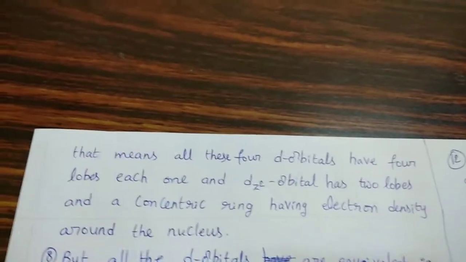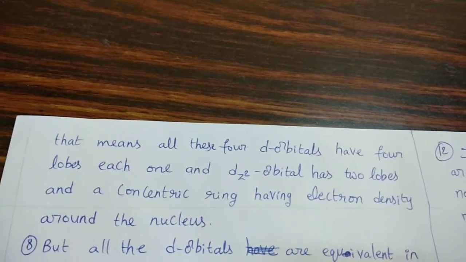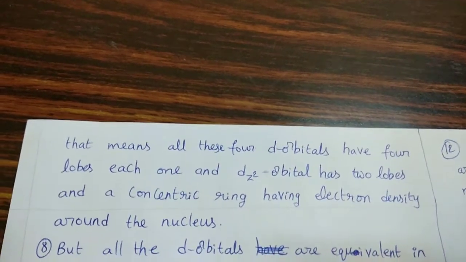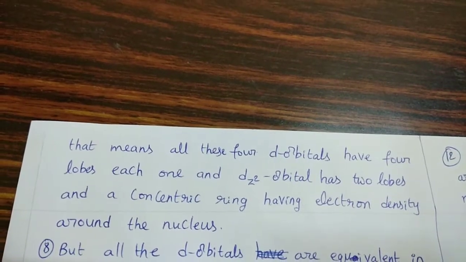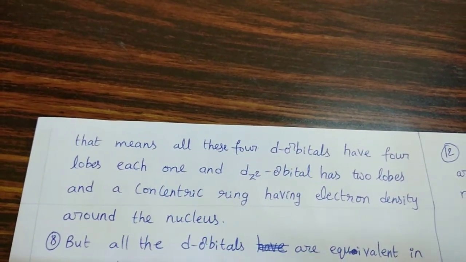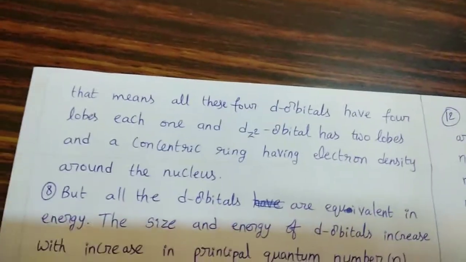See this, that means all these 4 d orbitals have 4 lobes each, and dz square orbital has 2 lobes and a concentric ring having electron density around the nucleus. Around the nucleus, concentric electron density is present.